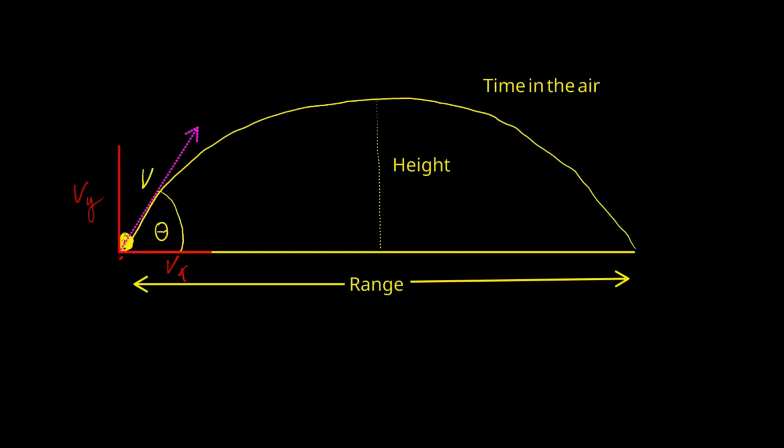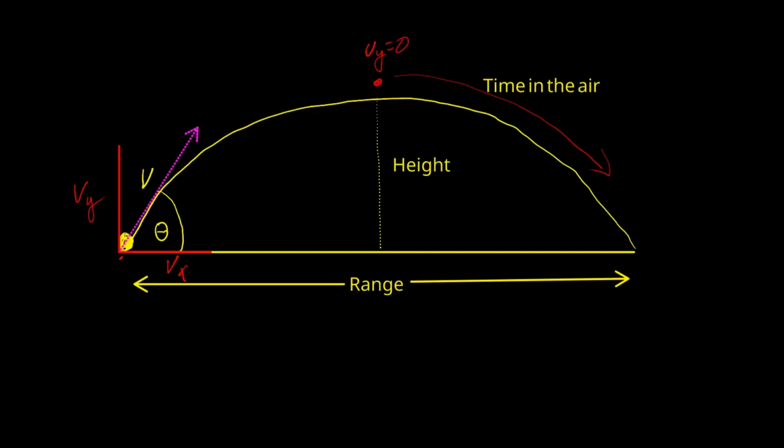Now, the velocity along the x-axis will be constant throughout the entire period, while the velocity along the y-axis will begin to slow down and then stop at the apex. At the apex, the velocity along the y-axis is equal to 0. Then it will again accelerate as it's going downward towards the ground on the other side.